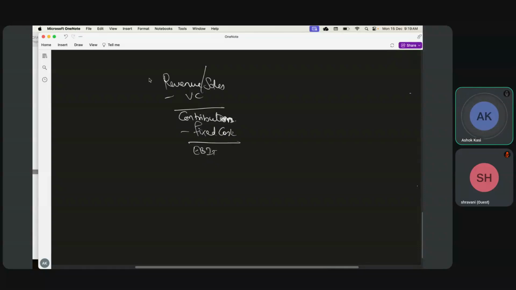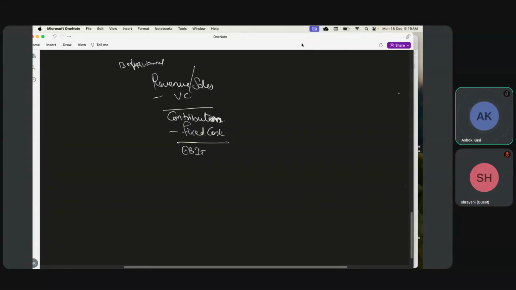This format is called behavioral classification of expenses. The one that we normally do is functional classification.